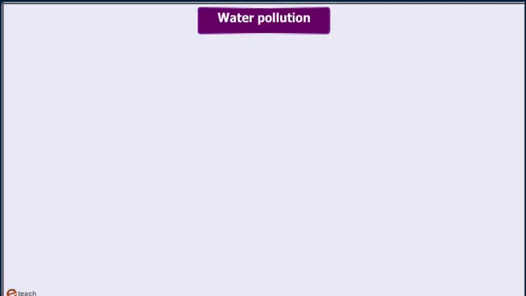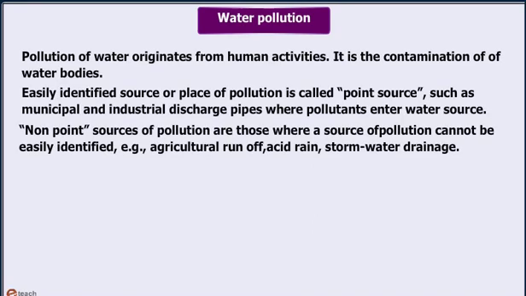Water pollution. Pollution of water originates from human activities. It is the contamination of water bodies. An easily identified source or place of pollution is called a point source, such as municipal and industrial discharge pipes where pollutants enter the water source.